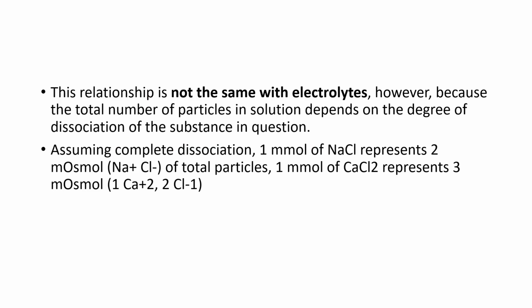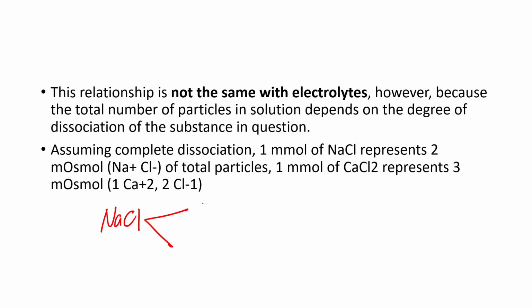However, if it is an electrolyte, there is something you need to do to calculate the species. You can assume complete dissociation. Each chemical substance that dissociates will give off daughter species. Take for example sodium chloride.